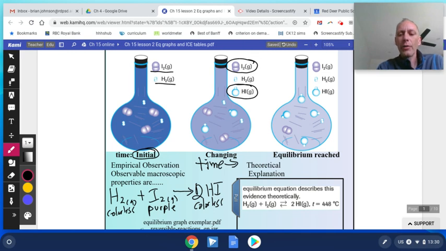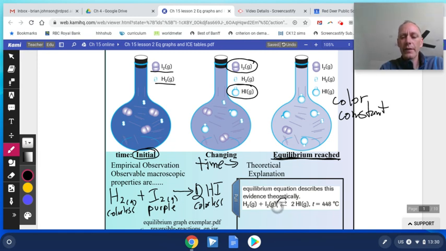Now, how would you know when equilibrium has been reached looking at this flask? Empirically, you would say that the color does not change, or the color is constant. When the color is no longer changing, then we have this scenario: the forward rate equals the reverse rate.